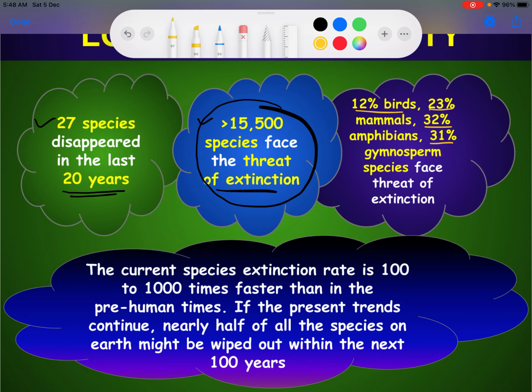So the highest number of species facing the threat of mass extinction are amphibians. They have a large number of species under the threat of extinction.